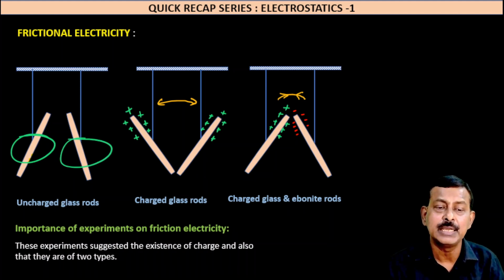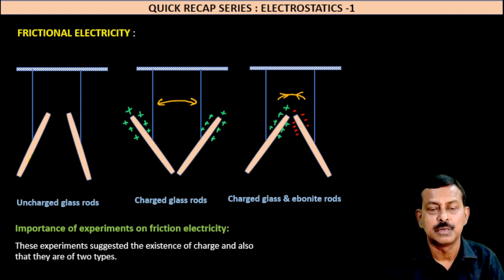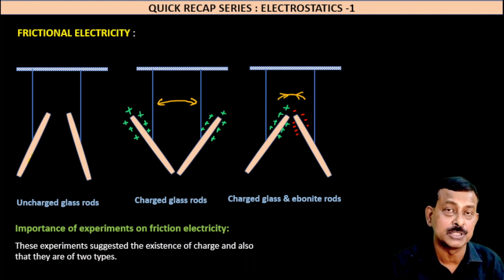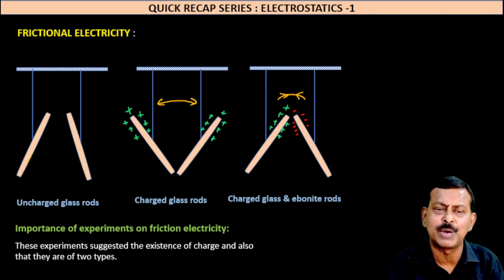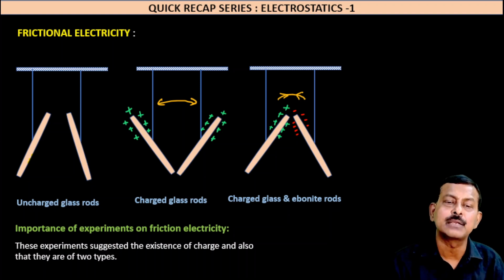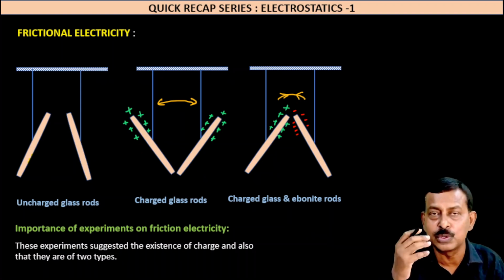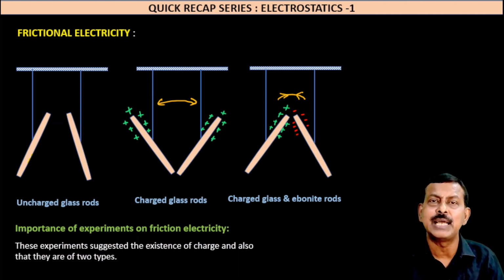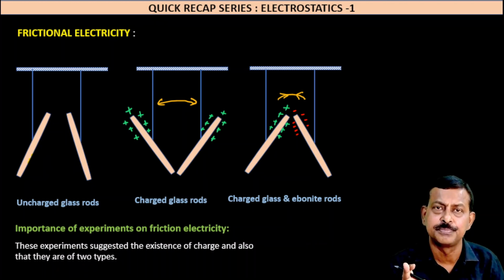But if we rub the glass rods with silk, say one end is rubbed, we find that there is a repulsion between the two. Similarly, if you take two ebonite rods, rub them with fur and suspend them side by side, again there is a repulsion.